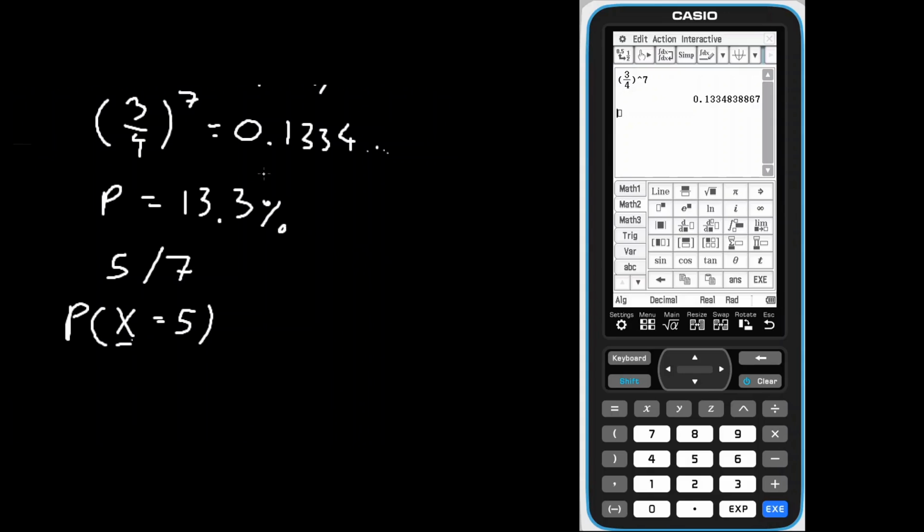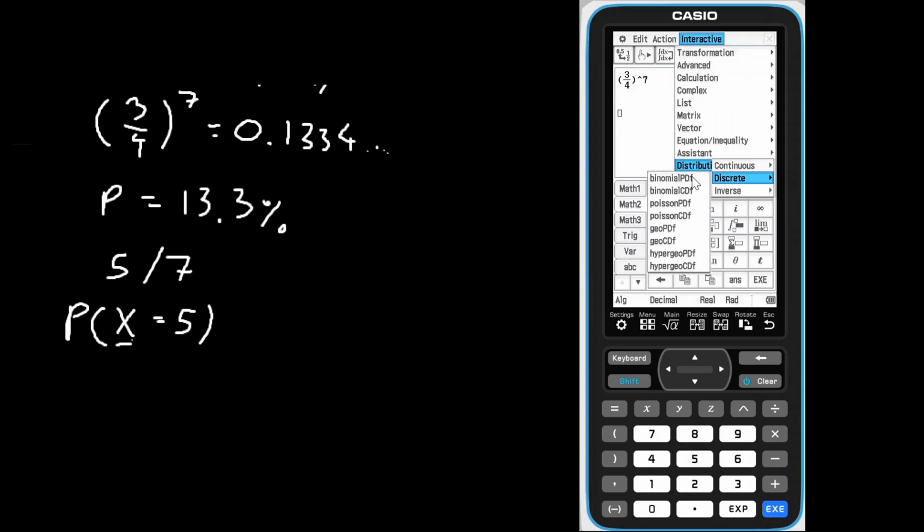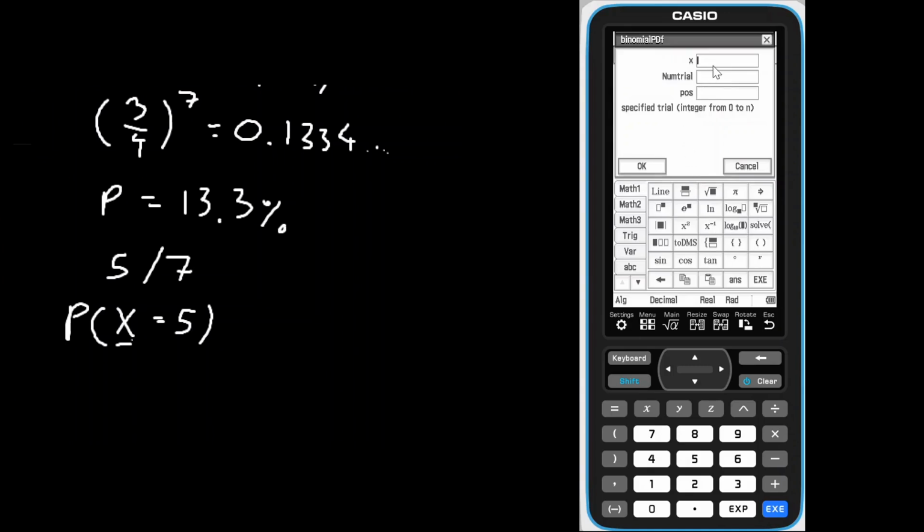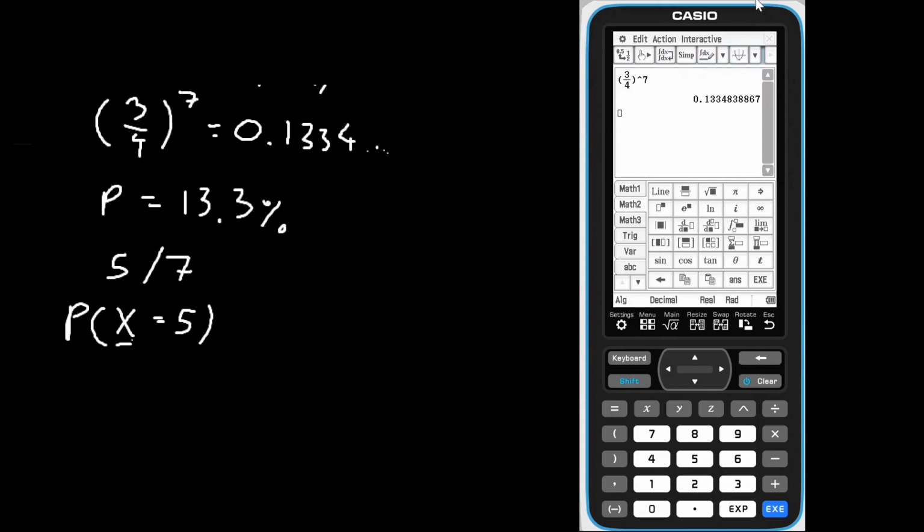Let's just use the calculator. There is a formula that you can use, but we can just use our calculator, which is going to be much easier. So if we go to interactive and we go to distribution, and it is discrete, and it is a binomial PDF. Okay, so how many trials? There's 7 of them.